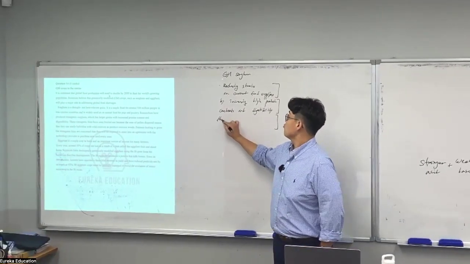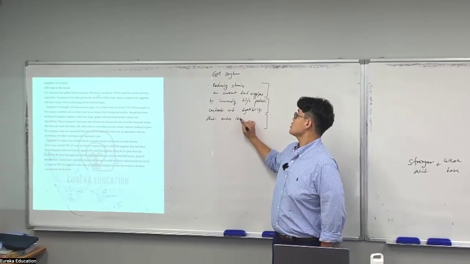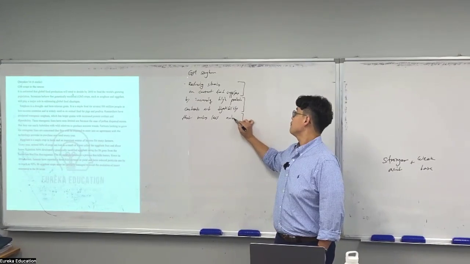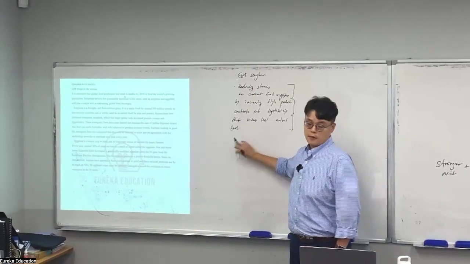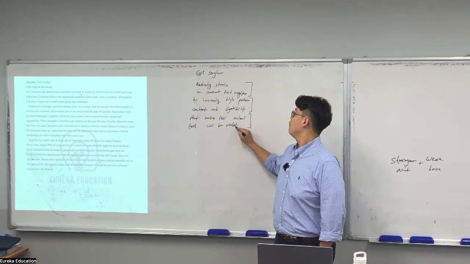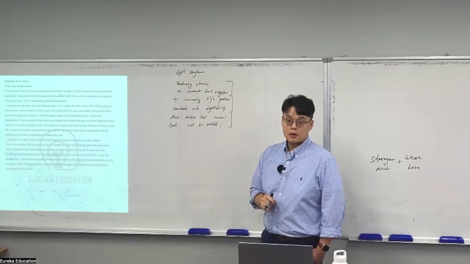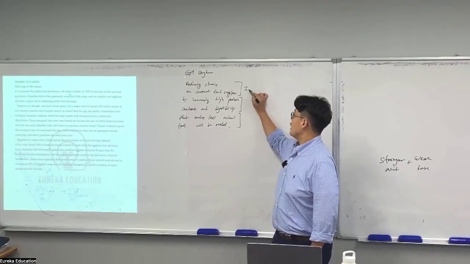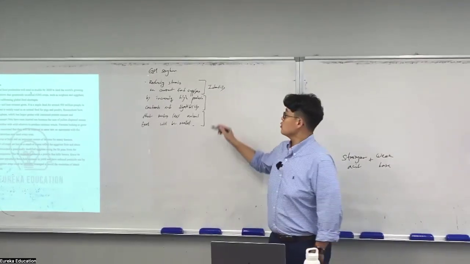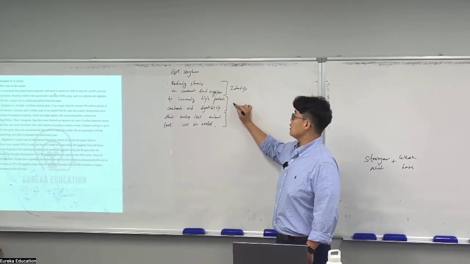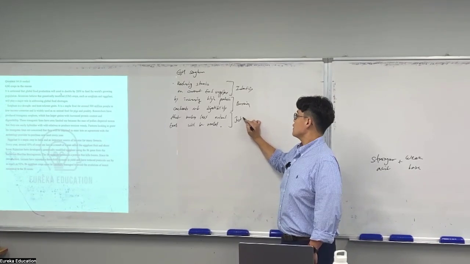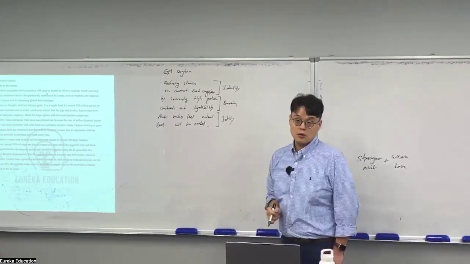That makes less animal feed needed. Okay, so that's basically what we call the identification. Identify what the answer is. Then you give reasoning, and then justification after that too.